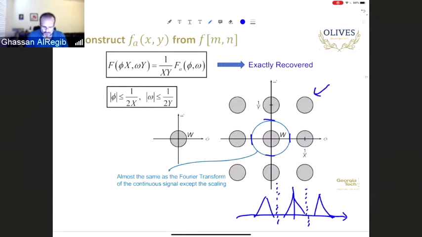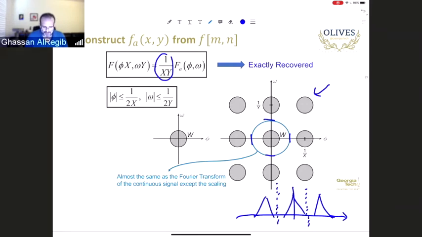And then what we have is an exact copy of our spectrum. Yes, there is a scaling factor of 1 over XY, but that's easy to deal with. And then I can get an exact recovery of our signal. I can play this capital F sub A or display it.